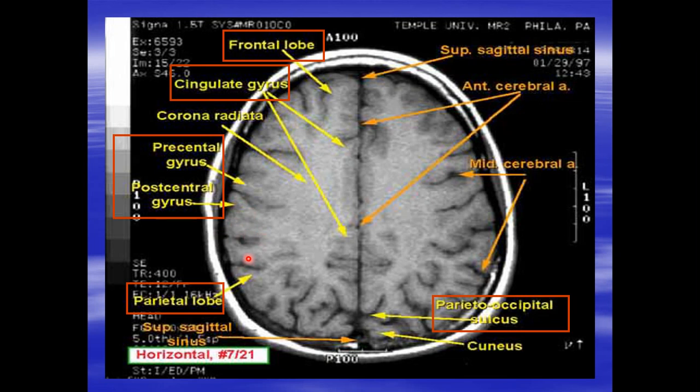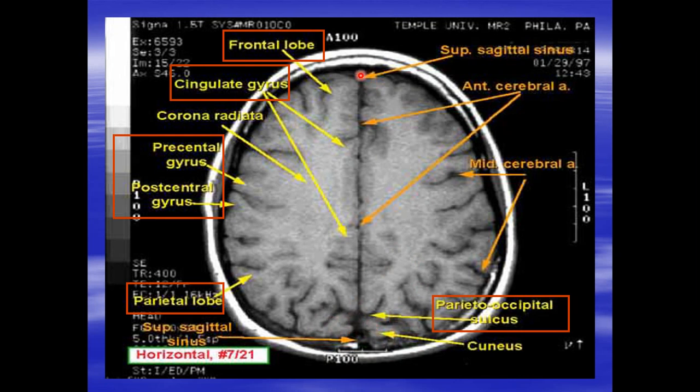Posterior to the central sulcus we have the parietal lobe. This is the parietal lobe. Here, the parieto-occipital sulcus, you can see it on the posterior aspect separating the parietal lobe from the small, posteriorly located occipital lobe, this one and this one.